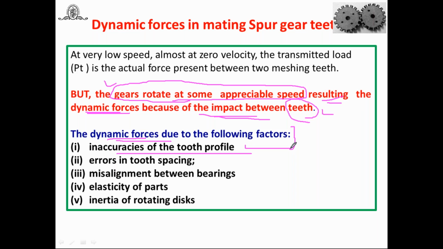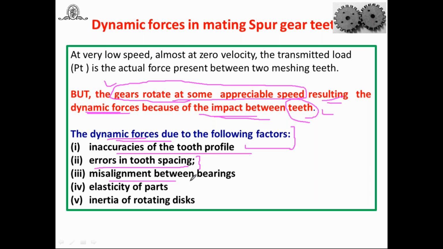The second reason is errors in tooth spacing. This is also associated with tooth profile, and if it is not properly mounted, there may be gaps between the teeth of the pinion and the gear. That is the error in gear tooth spacing.